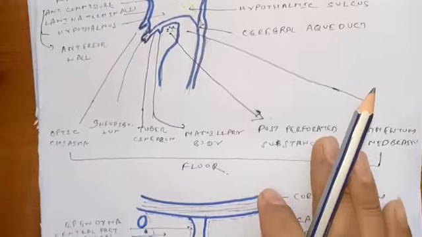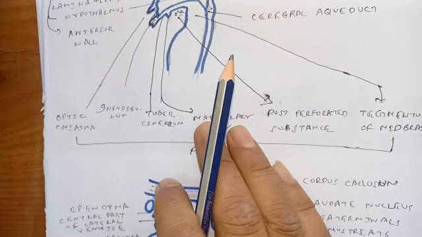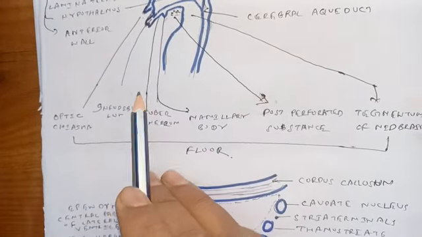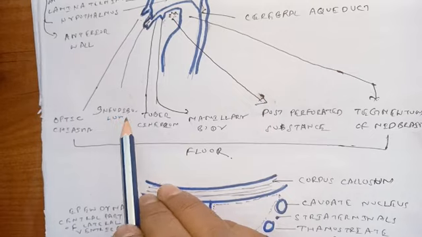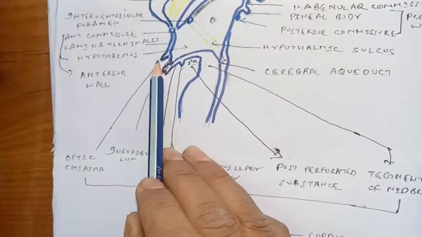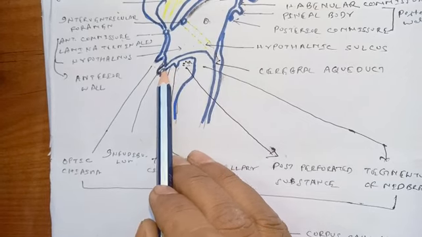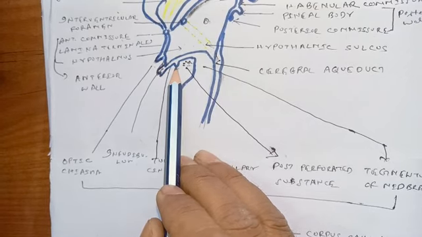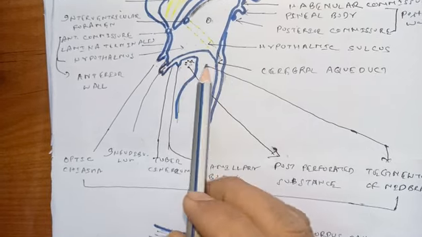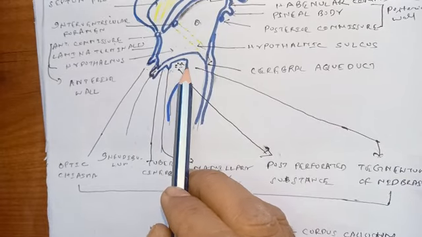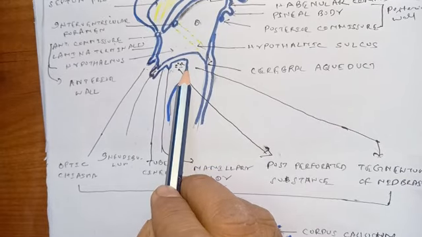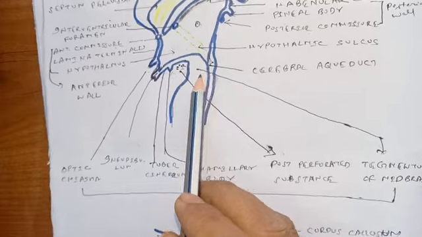And how is the floor of this third ventricle formed? The floor is formed by the optic chiasma, the infundibulum, then the tuber cinereum. This is the tuber cinereum. Then the mammillary body. This is the mammillary body. The posterior perforated substance and the tegmentum of the midbrain.